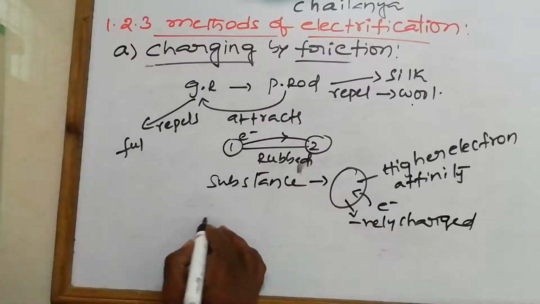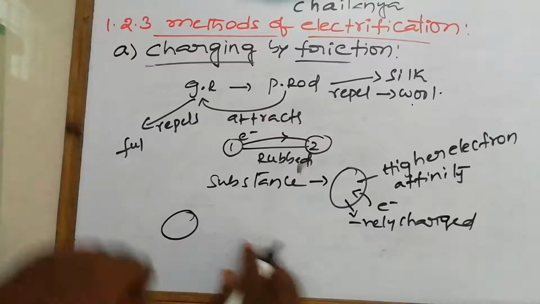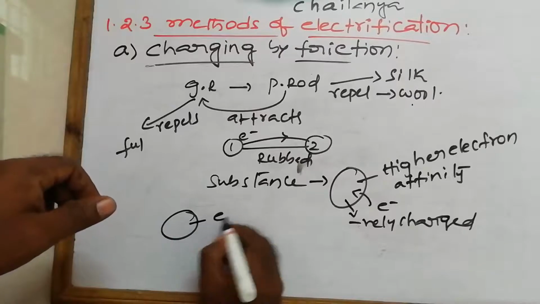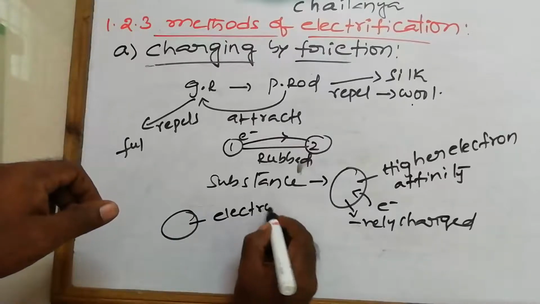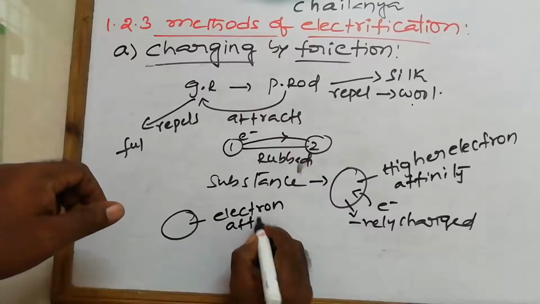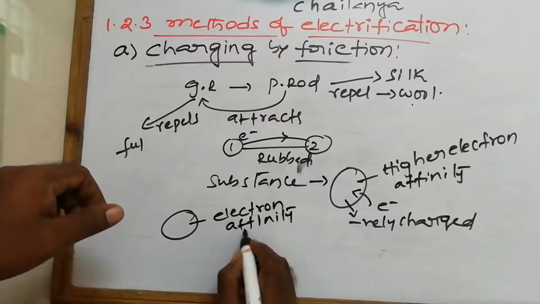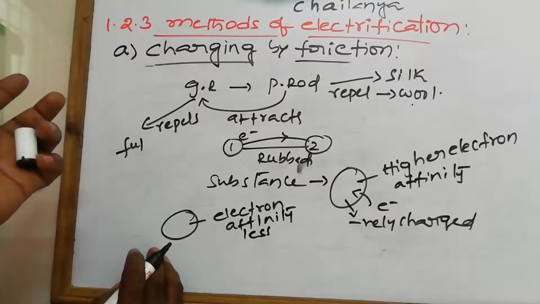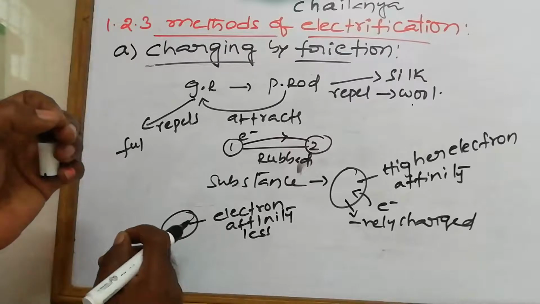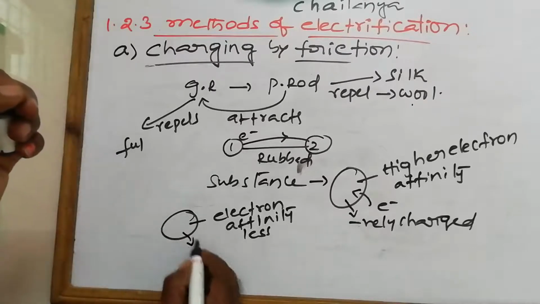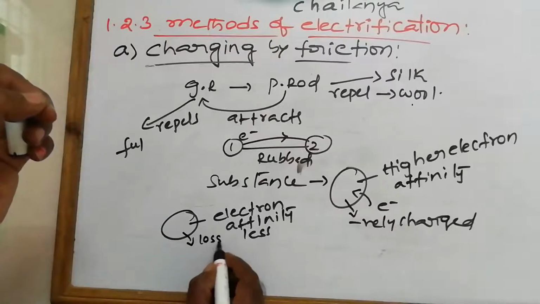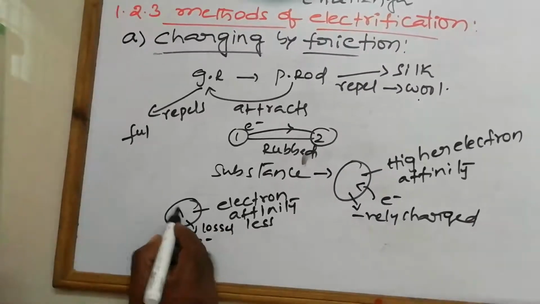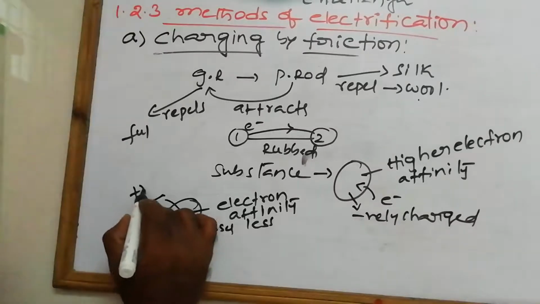Now, let us consider a body which has less electron affinity, meaning the electron affinity of this body is very low. Then this body loses electrons, and when it loses electrons, it becomes a positively charged body.